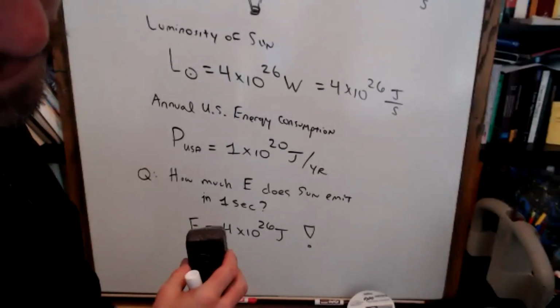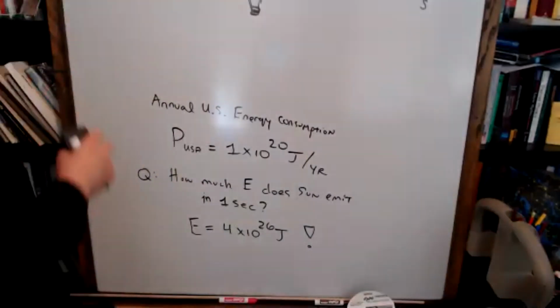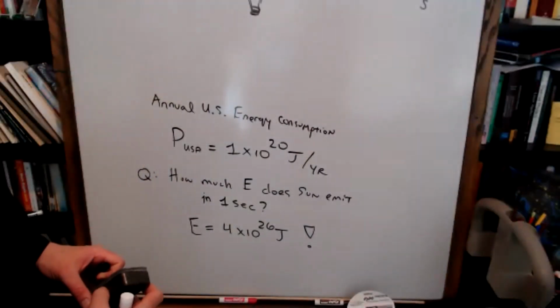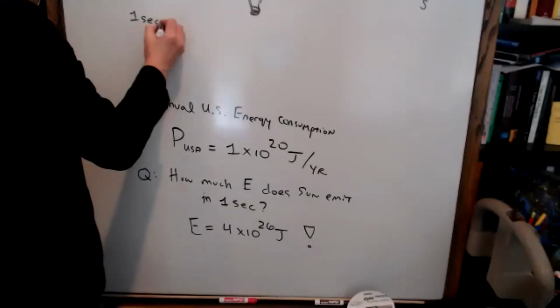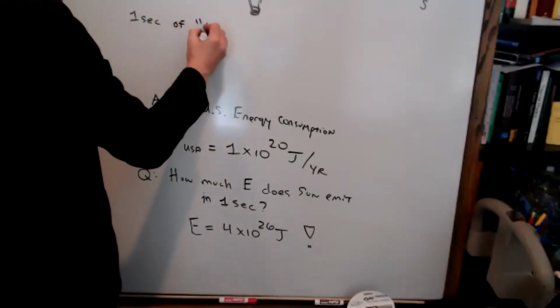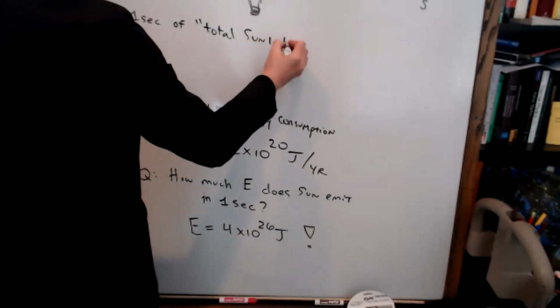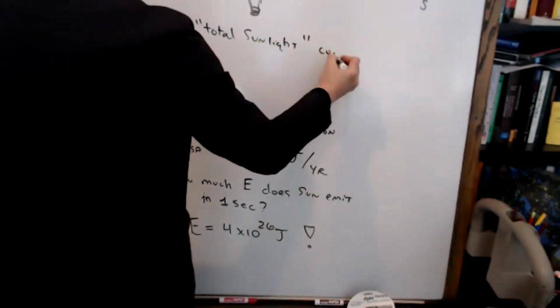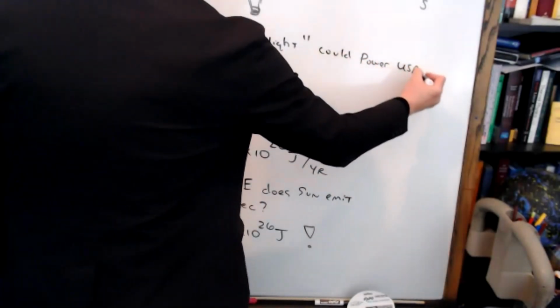Well, it'd be 4 times 10 to the 6. So in other words, 1 second of total sunlight could power the USA for how long?